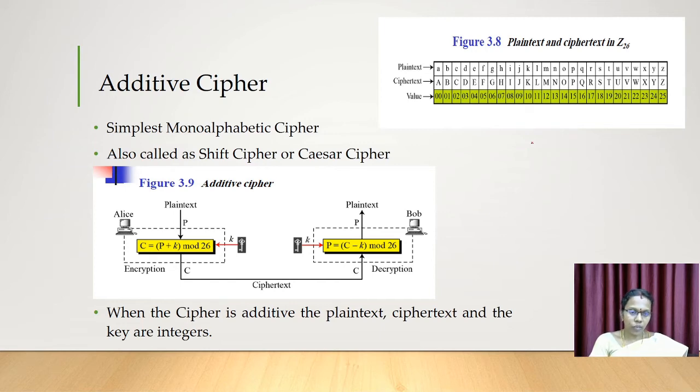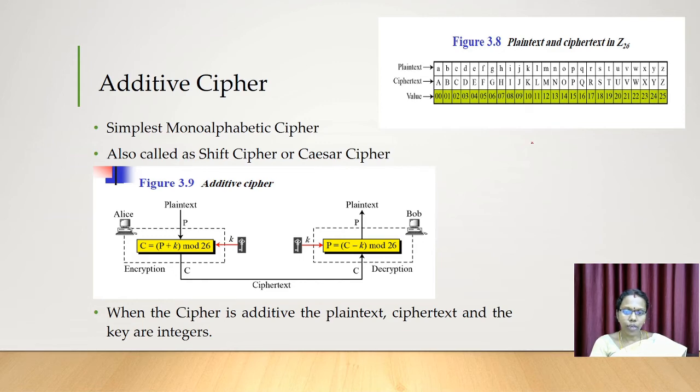When converting the plain text into ciphertext, the plain text is added with the key and taken modulo 26, so we perform the mod operation to get the corresponding ciphertext. Similarly, on the receiving side, the plain text is decrypted using C minus K mod 26. Here the key is subtracted.